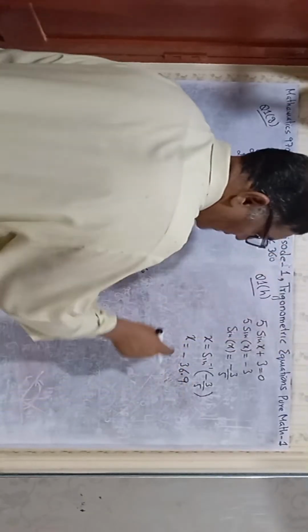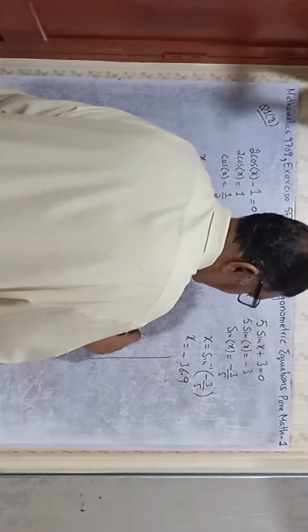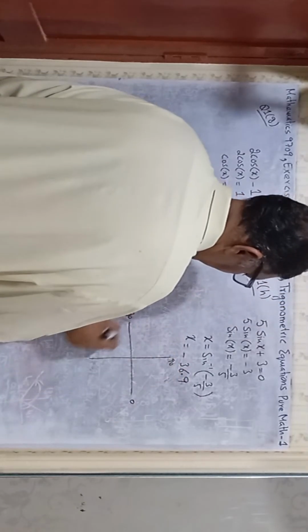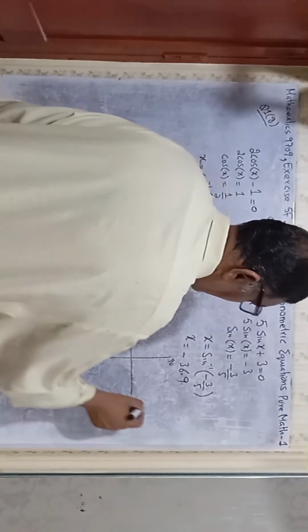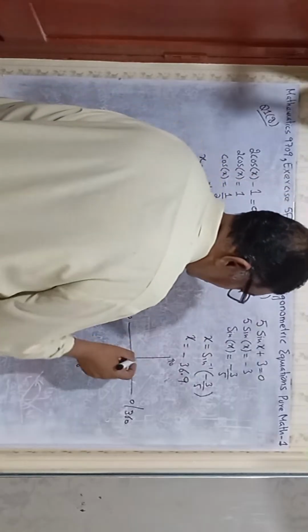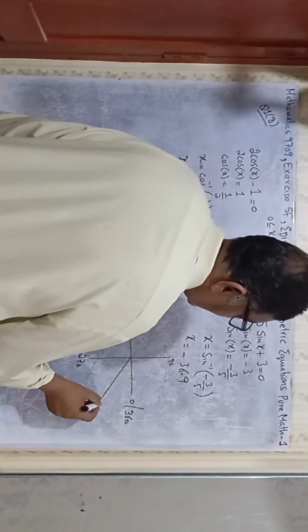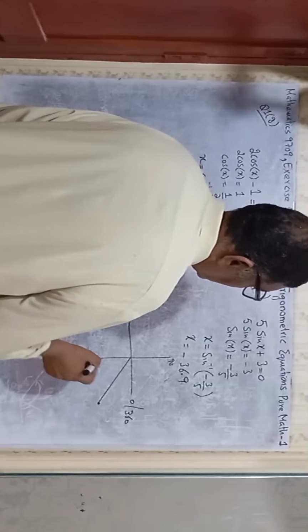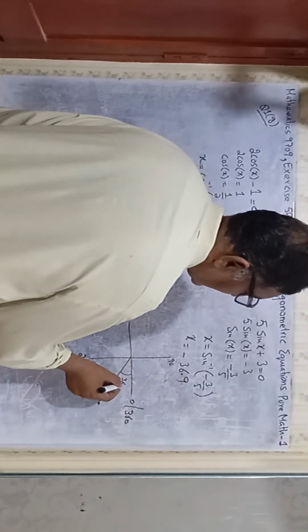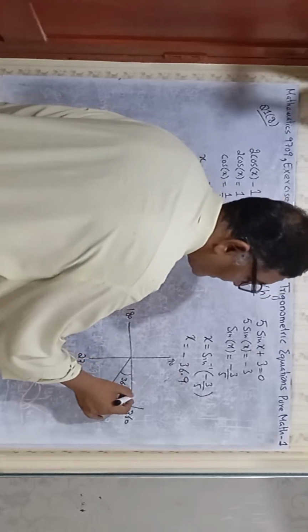So forget this negative. 0, this is 90, this is 180, this is 270, because we are supposed to work on the positive angles only here. So the basic angle is this, and minus 36.9 is this angle.